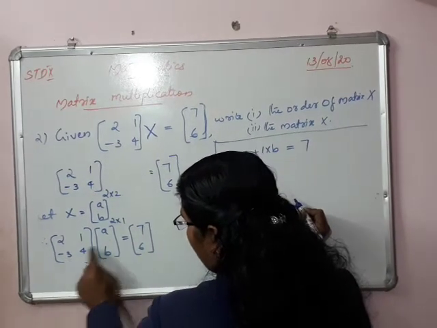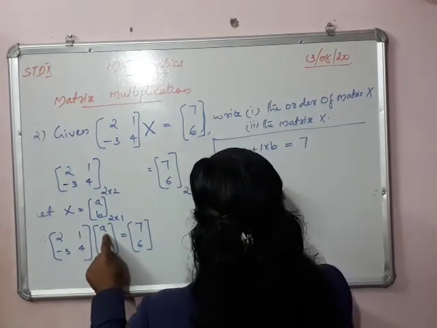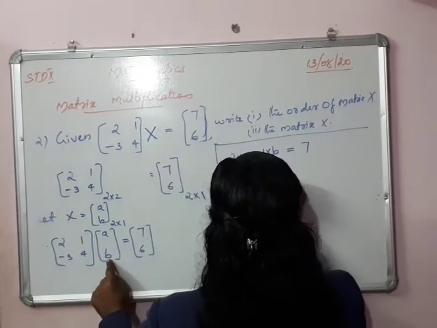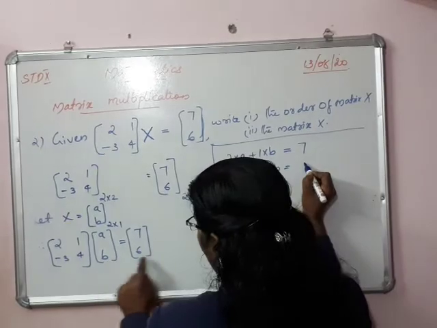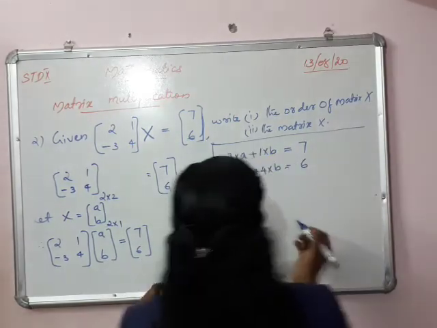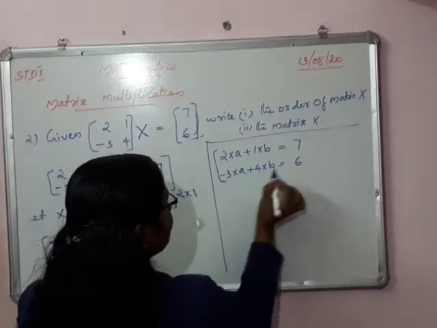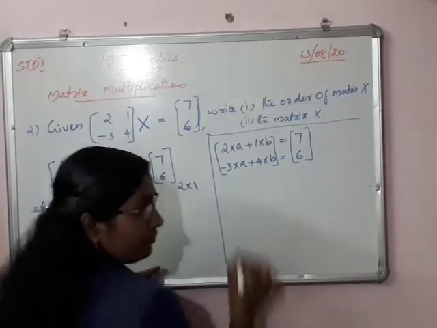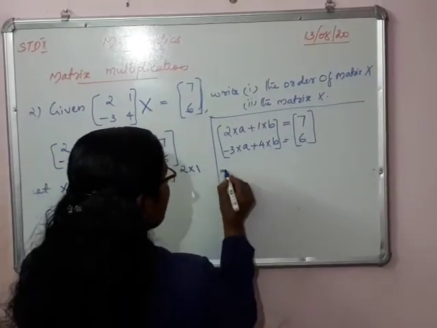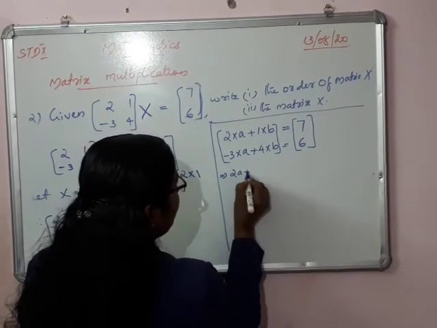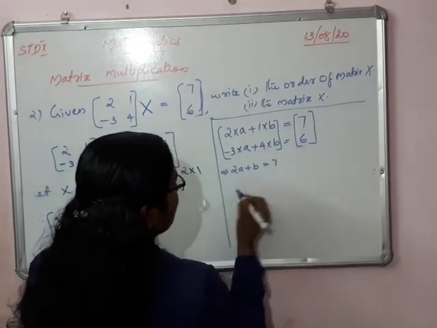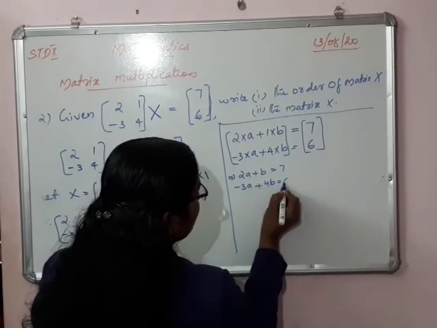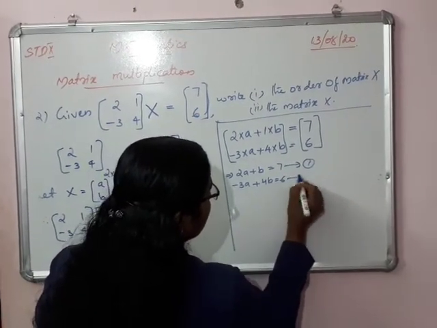Then similarly, minus 3 into A plus 4 into B is equal to 6. Which implies 2A plus B is equal to 7, and minus 3A plus 4B is equal to 6. Equation number 1, equation number 2.